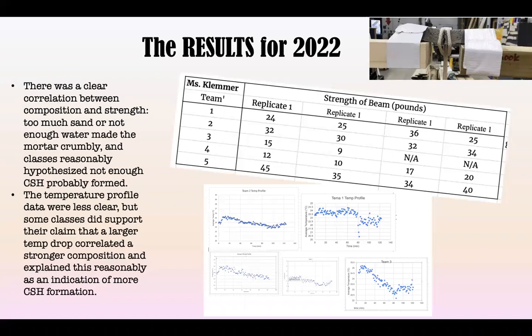That was their hypothesis, that there wasn't enough crystal formation, and so things broke pretty easily. In fact, my compatriot had one group that used something like 75% sand, and they couldn't even get them out of the mold. They were like overcooked cookies, they just crumbled. So all 4 classes saw a really strong correlation between strength and composition.